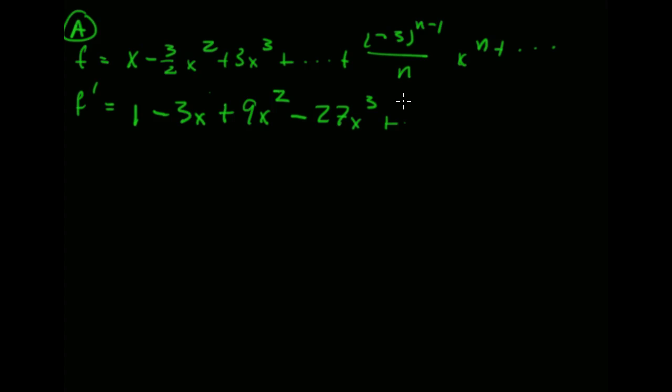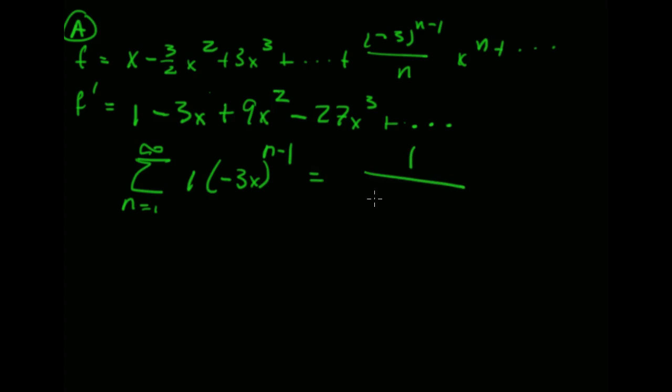It does not ask us for the general term, so we can stop there, but it does ask us what we get as a rational function, which means that this is geometric. So we're going to go n equals 1 to infinity. The first term is 1. Each time we're multiplying by negative 3x. So this means 1 over 1 minus negative 3x, which is 1 over 1 plus 3x, and we're good. So that's part A of the problem.